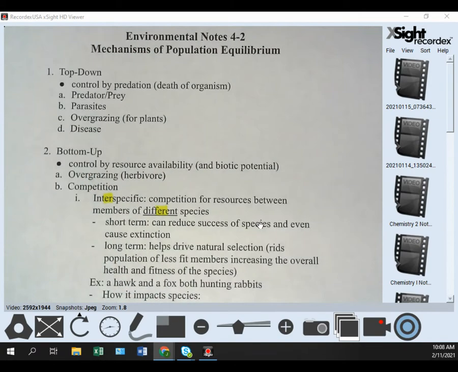And then the last one there for top down is disease. Obviously, diseases can impact the population. Not to be really dark, but think about what COVID has done to the human population. I'm not saying we're going to become extinct or anything, but you see a disease that has taken the lives of millions of people worldwide, impacting population.